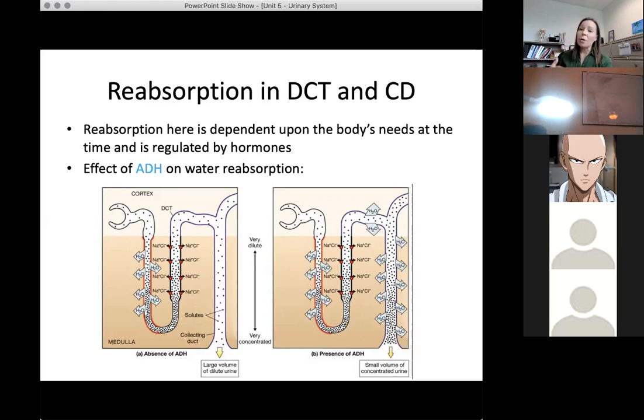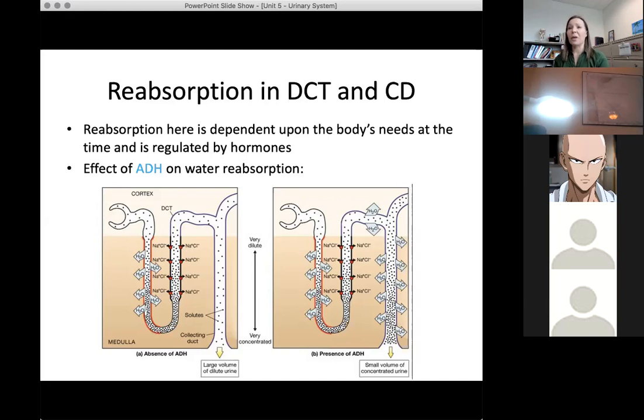If you're reabsorbing more water, it's going into the blood, it's going to increase blood volume, which is going to increase blood pressure. And that solves the problem. Remember, it was triggered by low blood pressure. So now by reabsorbing even more water, you're raising blood pressure, which is what you want to have happen.